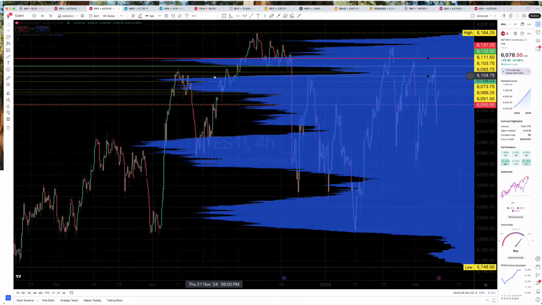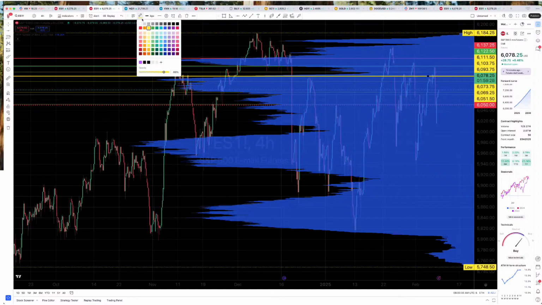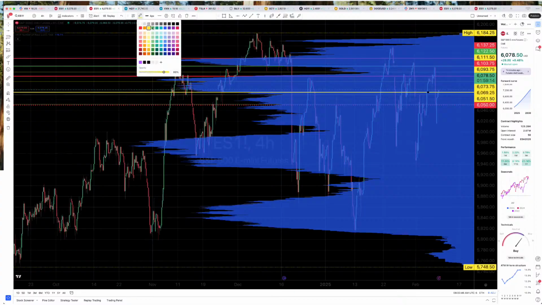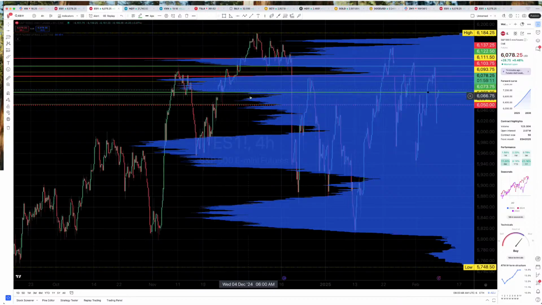Then we'll do the same thing over here. Right there, we'll make that 4x and red. And then the bottom of that node, if I can select it, 4x and green. All right, so now when I'm zoomed in, I can see exactly where those levels are.